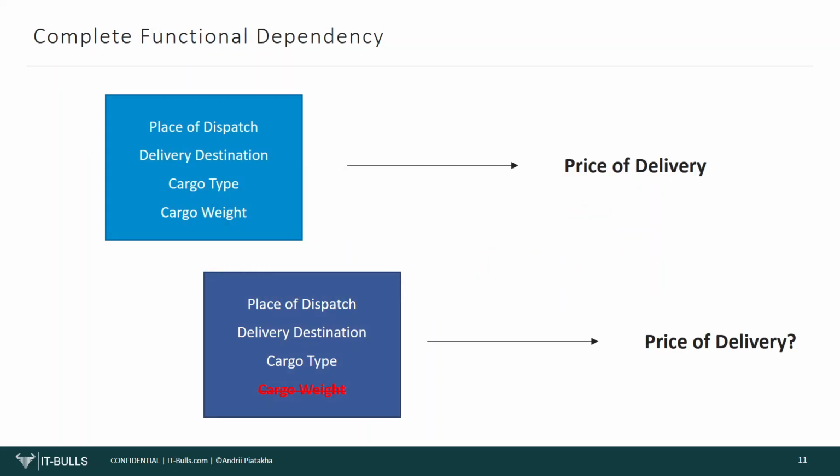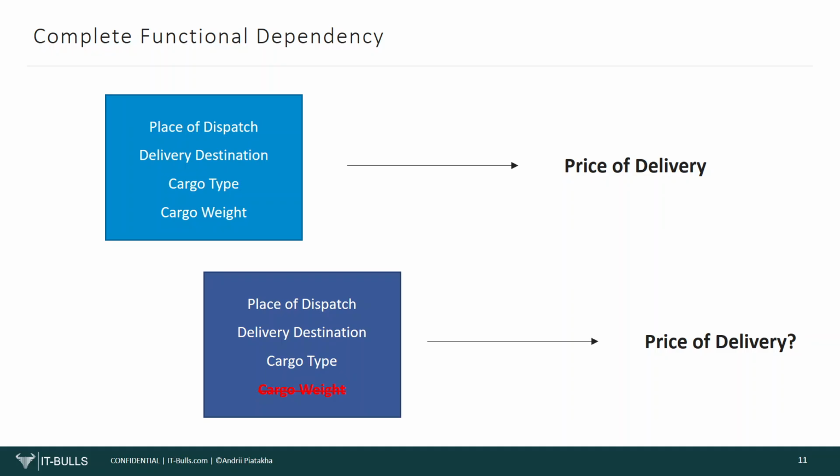Now, let's understand some more details. Functional dependency between x and y may be called complete functional dependency in case y is determined by the whole of x, not by any subset of x. And again, I'm trying to simplify these concepts as much as I can, because if I told you the definition from Wikipedia, it wouldn't bring more sense.